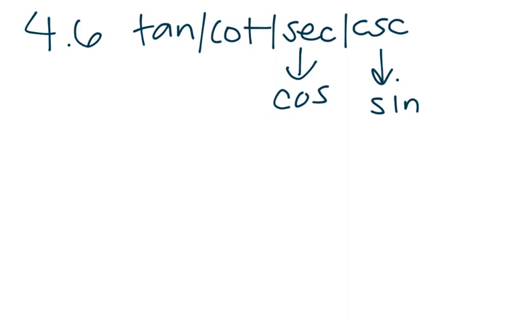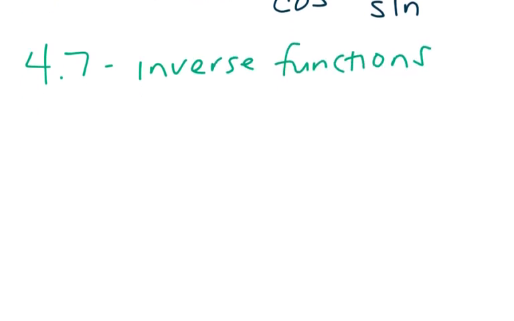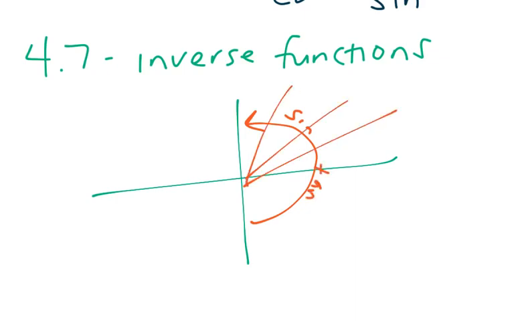And then number 7 was your inverse function. So for tangent and sine, you would use the first and the fourth quadrant.